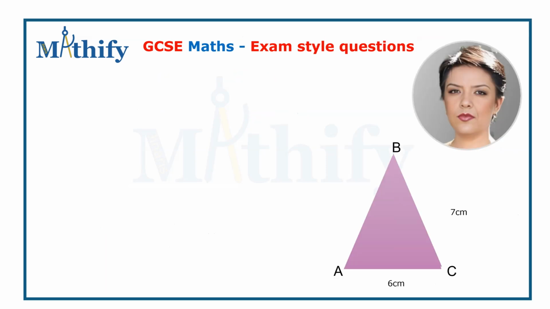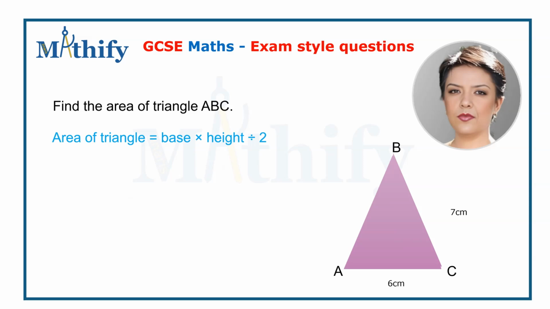So let us work out the area of triangle ABC. So the area of triangle, as I mentioned earlier, is equal to base times height divided by 2, or half times base times height. Our base is equal to 6 centimeters.